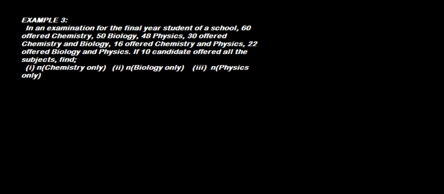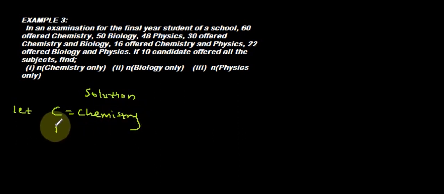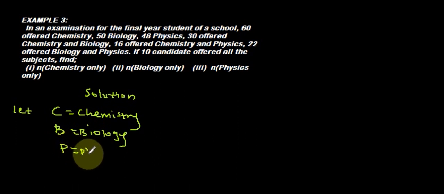Now to solve this, the first thing to do is look at how many terms are involved. Here we have how many subjects involved? We have 3 subjects involved. So solution: let capital C be for chemistry, B for biology, and then P for physics.